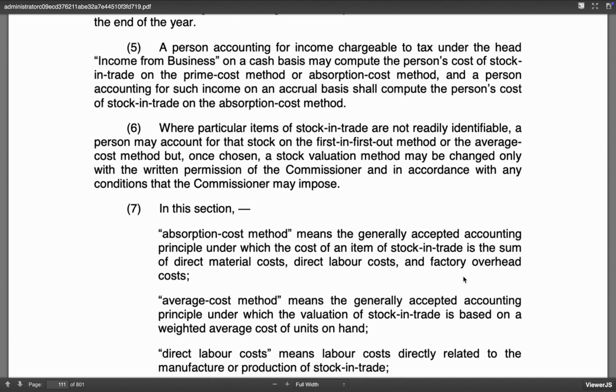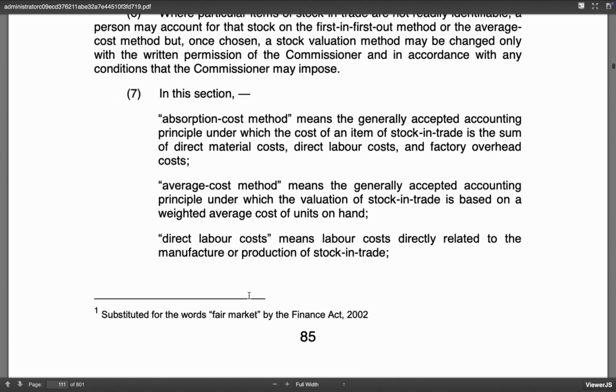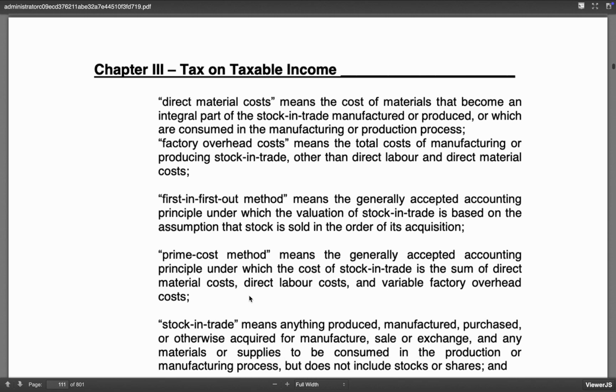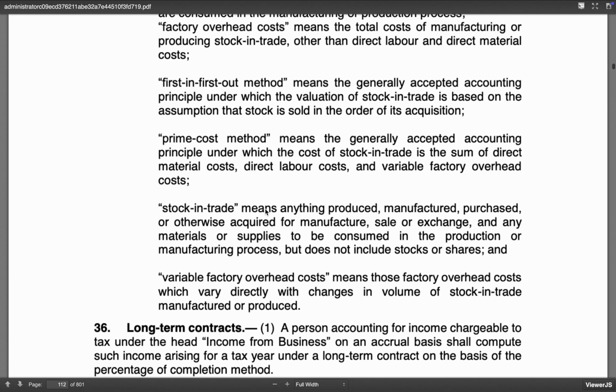So you can use this method, you can use the average method, you can use the direct labor cost method, and then when you sell your goods, the value you book for your profit should be based on first in first out method, excuse me.